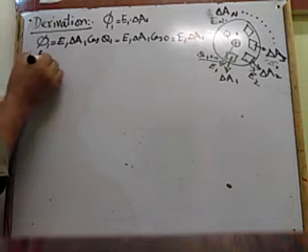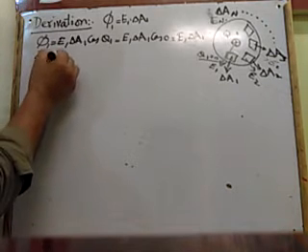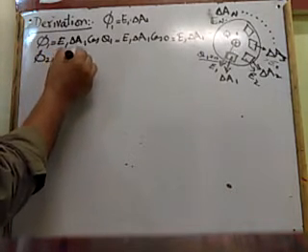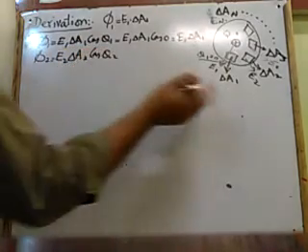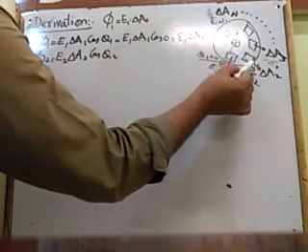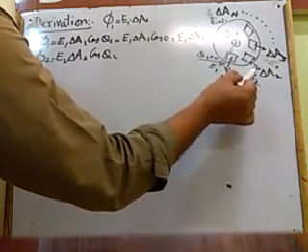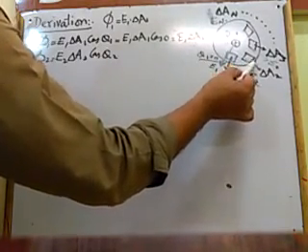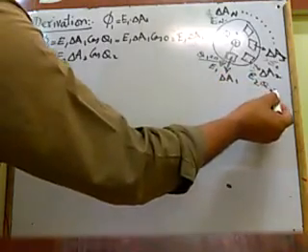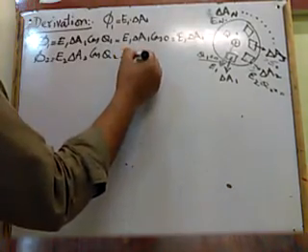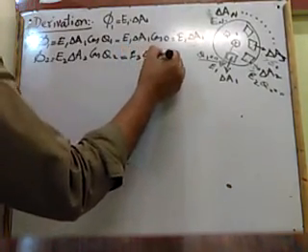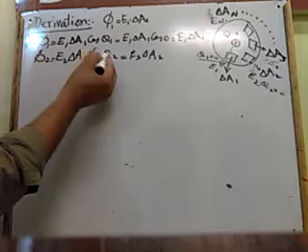Similarly, flux 2 is E2 delta A2 cos theta 2. This theta 2 is the angle between the direction of this area and the direction of electric field. Again, they have the same direction, so theta 2 is equal to 0, and finally we have E2 delta A2, because cos 0 is equal to 1.